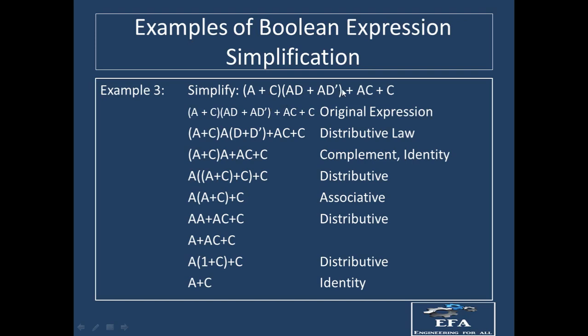So many gates have to be implemented if we use this expression. On the other hand, if we reduce it to a plus c, we need only one OR gate with inputs a and c. So it is fair enough to use only a single gate, that is the OR gate.